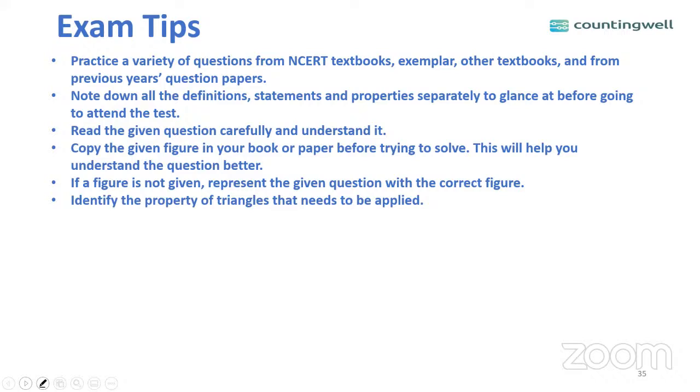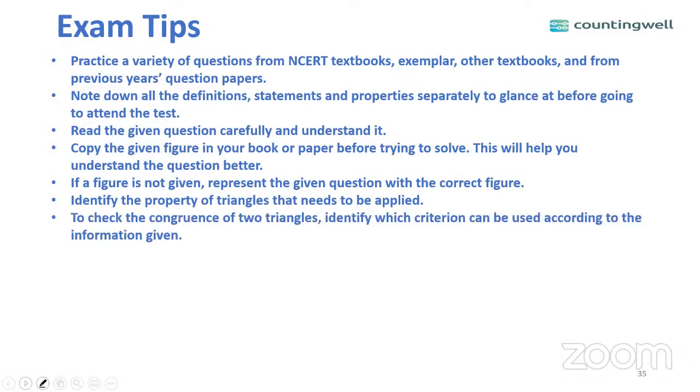Also identify the property of triangles that needs to be applied, whether you have to apply the angle sum property or the exterior angle property. You have to check the congruence of two triangles and identify which criterion can be used according to the information given.